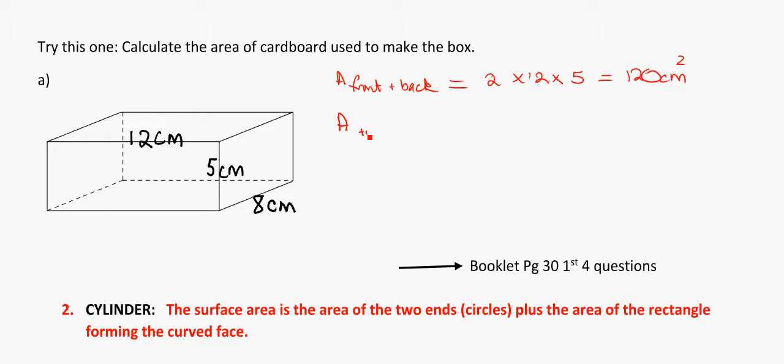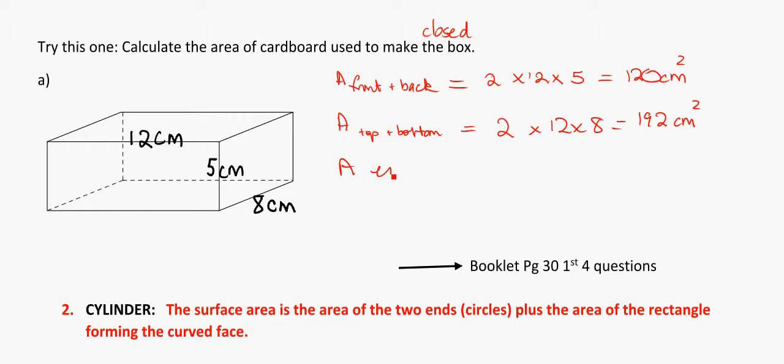Area of top and bottom, we've got two of them, and we're assuming this is a closed box. It doesn't actually say, but we'll assume it's got the lid. 2 by 12 by 8. If it didn't, we'd only have one of these. 192 centimetres squared.